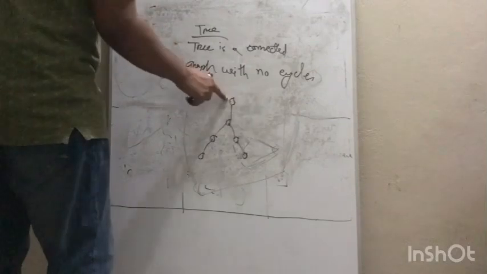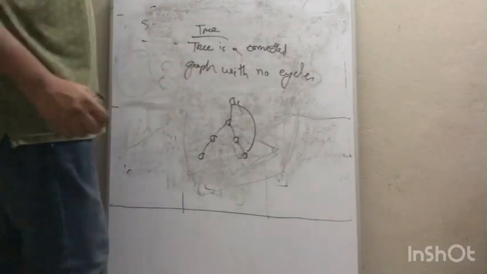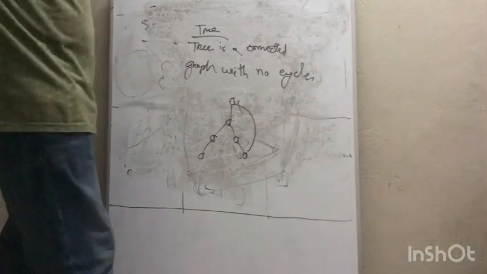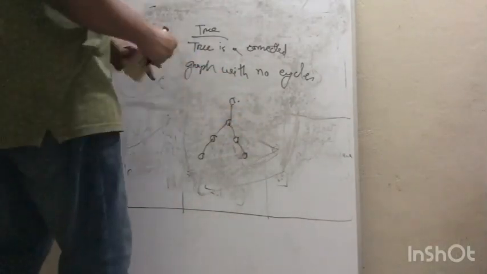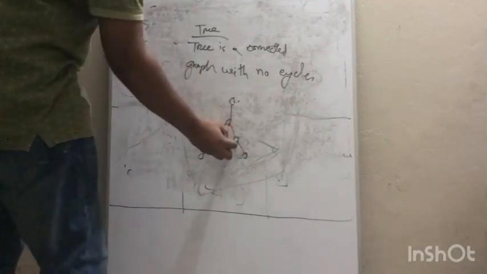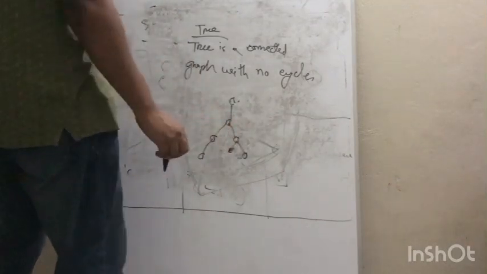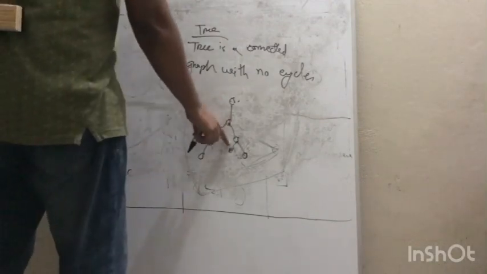If it returns to itself, then it is not a tree, so we remove it, and this is a tree. But we cannot connect this to that because that will create a cycle.